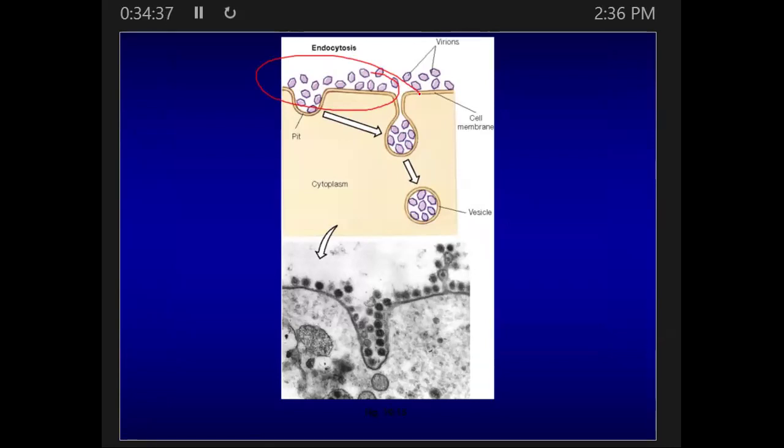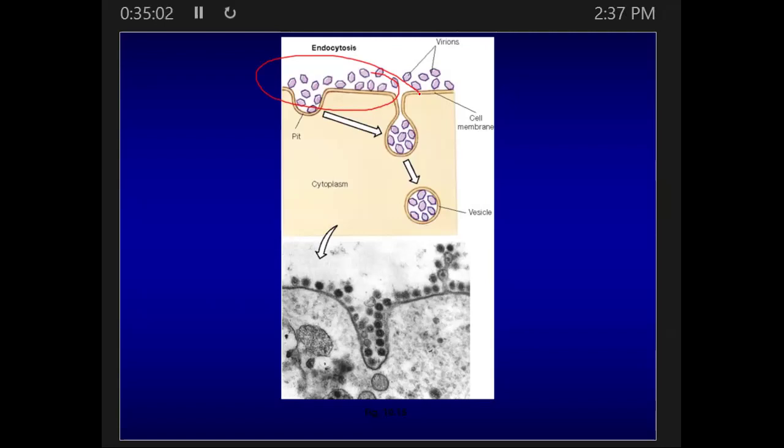If they can correctly dock into a surface receptor, it's kind of tricking the cell into, hey, I'm innocent, I docked into you just perfectly, so this is meant to be. Let me in. And then the endocytosis process kicks in and allows for the pinching off. You have a vesicle.